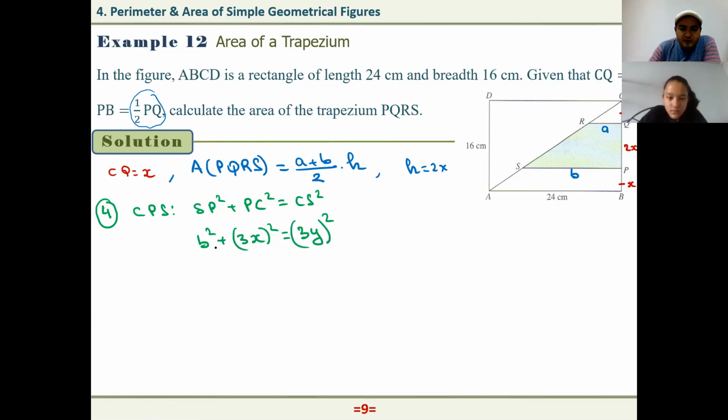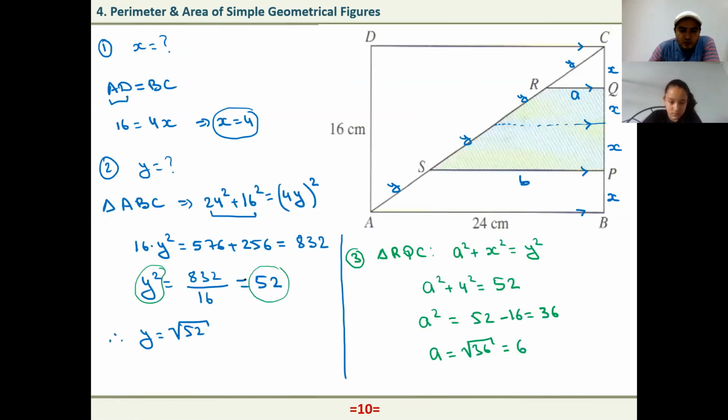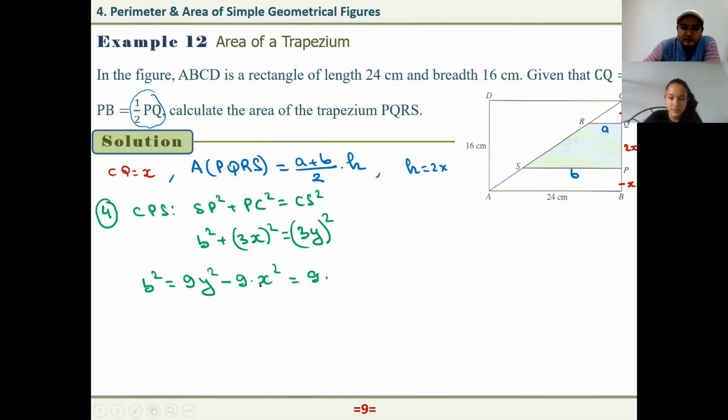Okay, I need to find this B squared. So B squared equals 3Y squared. 3 squared is 9, times Y squared, minus 3 squared is 9, times X squared, which is equal to 9 times... What is Y squared, Shahina? Do you remember? 52, right? So it is 52.